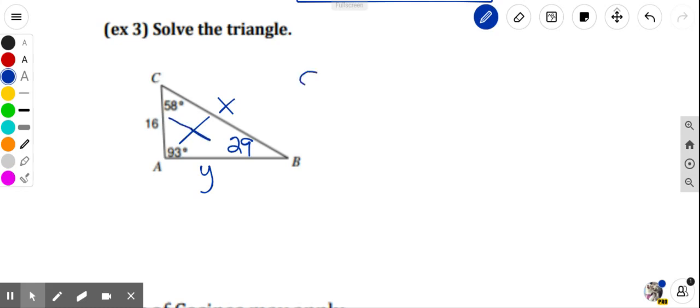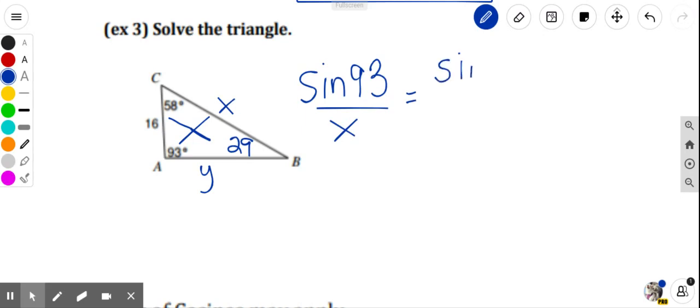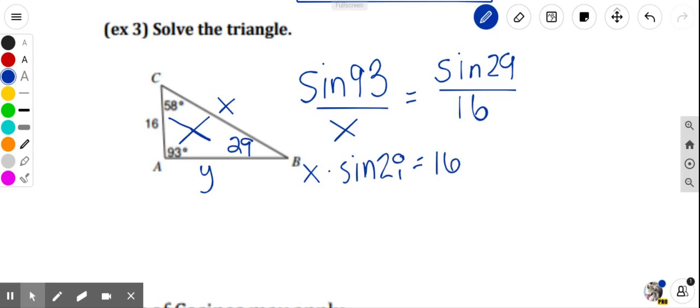So it's going to be sine of 93 over x equals sine of 29 over 16. Cross multiply, so you end up with x times sine of 29 equals 16 times sine of 93.